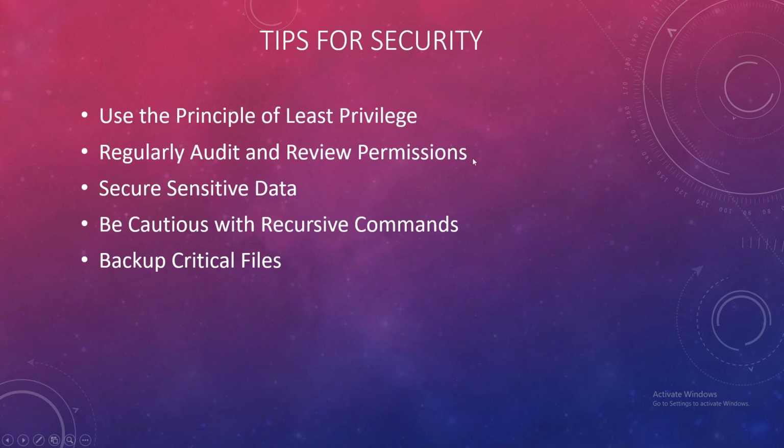It basically means limit the user and system permissions to the minimum required for the task to reduce risks. And regularly audit and review permissions. Try to periodically check and adjust file systems according to security policy and user.